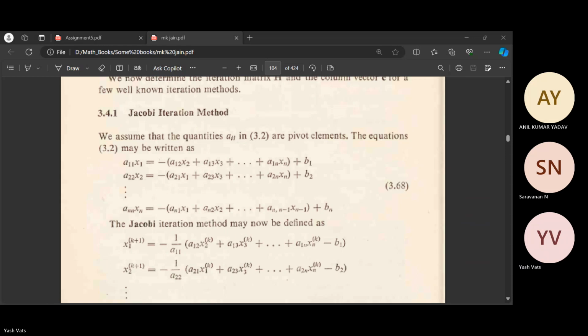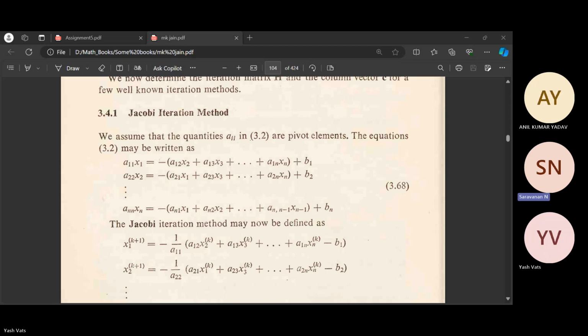Tutorial 5. Are you able to see what I'm writing?